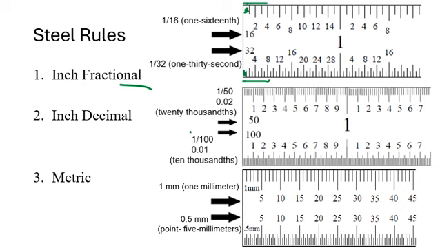So inch decimal is a whole different thing, because even though they are fractions, we use a decimal, because it's easier for us to handle the values in a record. So here we have a 1/50, that's a lot. And from here to here, your scale is 1/100. This tiny little thing, we can't even see it, that's about 0.01. This side, the tiny little unit right there is going to be 0.02.